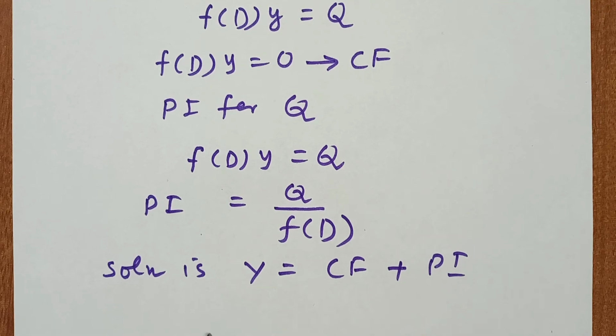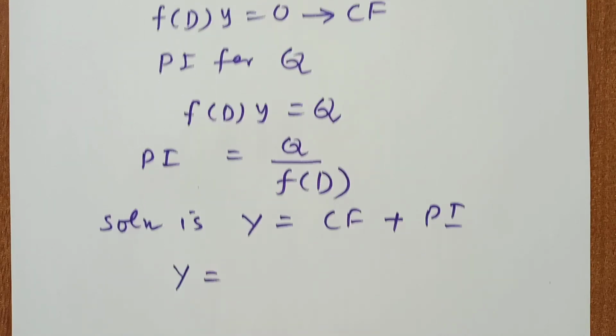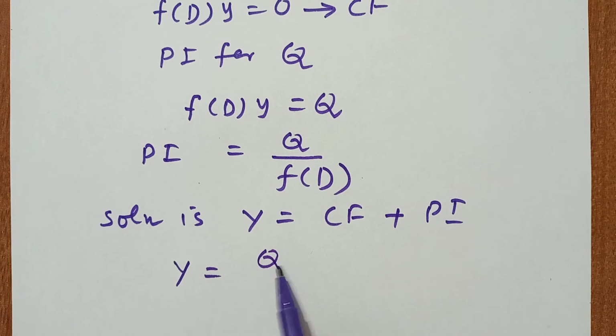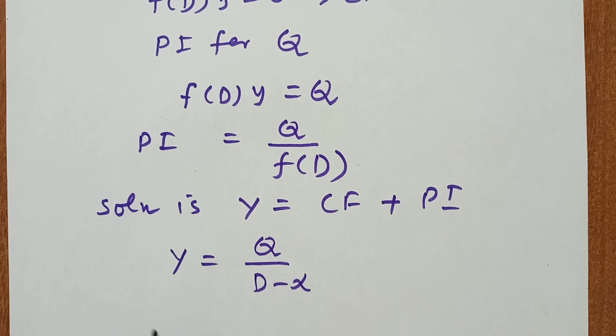Now I want to explain PI. If this q is of the linear form, the particular integral means y is equal to q upon D minus alpha. So how do we calculate this type? First we multiply by D minus alpha, so D minus alpha y is equal to q.